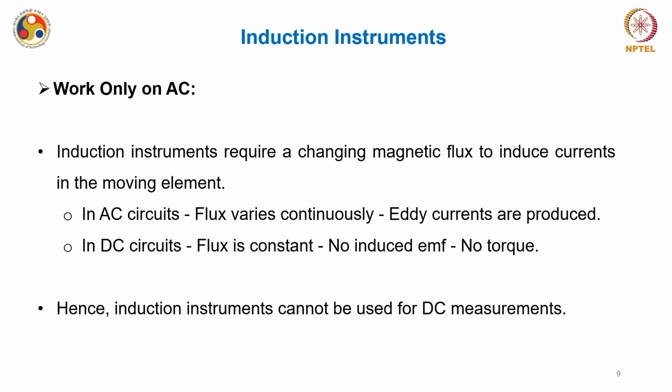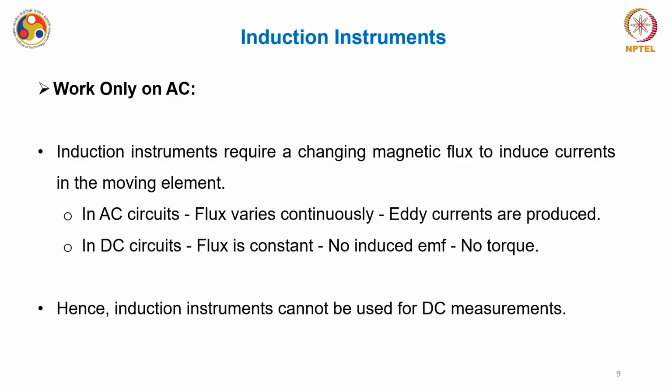They work essentially only for alternating current, and for direct current they will simply not work. Induction instruments require a changing or alternating magnetic flux to induce current in the moving element. In AC circuits the flux varies continuously, so alternating eddy currents are produced.